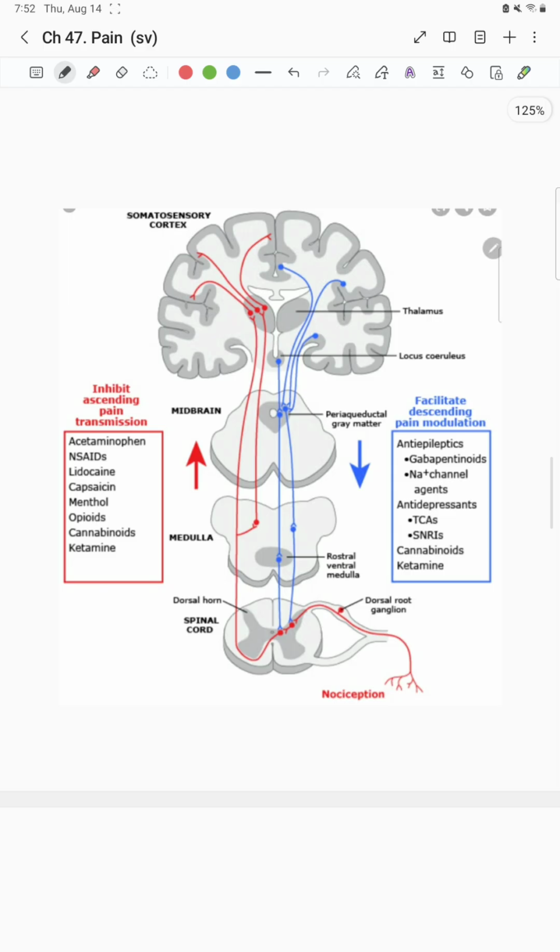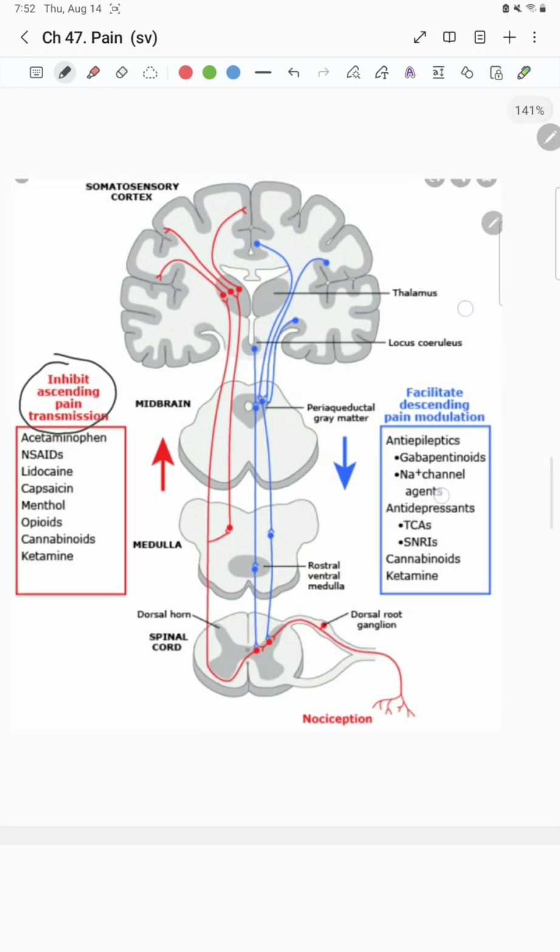On this slide, it is looking at the ascending pain pathways. Ascending meaning body to brain, so you can see these pathways going up to the brain from body to brain. And then on the blue side, these are the descending pain pathways.